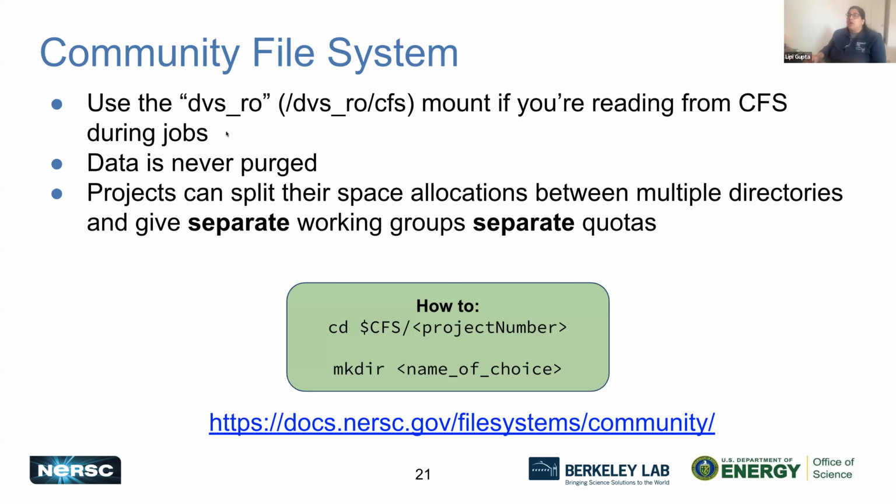If you need that extra performance boost, instead of using the global mount of CFS, you can use this dvs_ro read-only mount, and that will make your performance a little bit better. Data is not purged while the account is active, and your allocation is based on your project. Your PI will give you different amounts of space depending on how they would like to break it up.